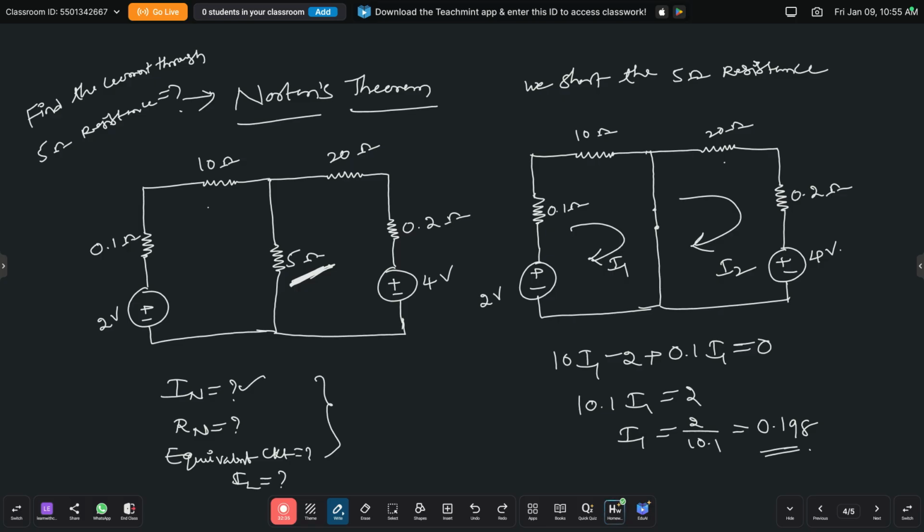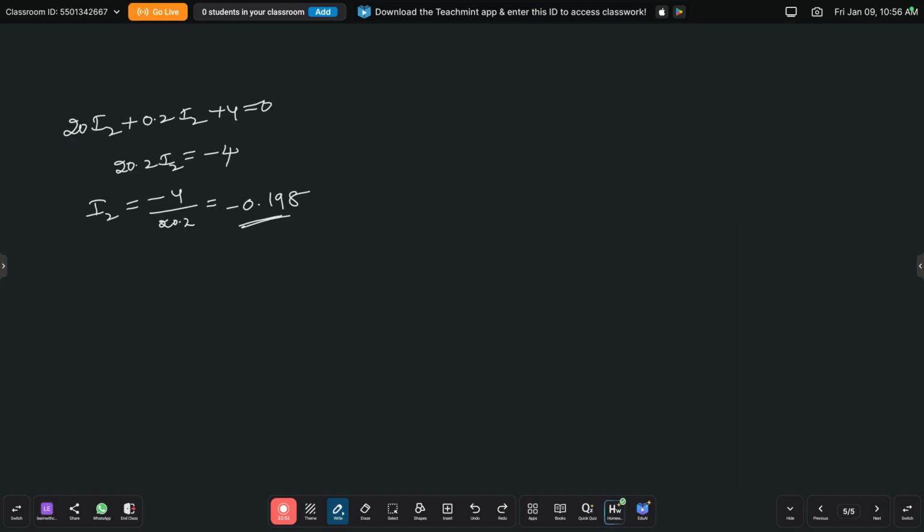When we need to find the current through the 5 ohm resistance, that is the Norton's current. But here the current through the 5 ohm resistance is linked with both loop 1 and loop 2. So here we get I1 and I2. So the Norton's current IN is equal to I1 minus I2.